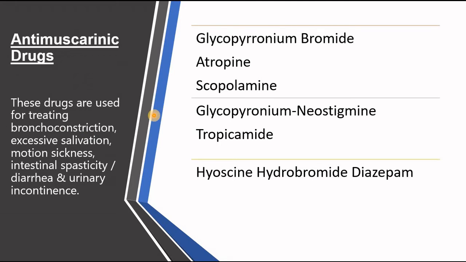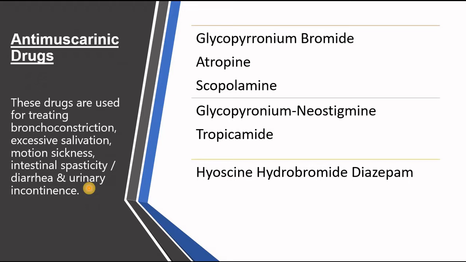In this condition we take the antimuscarinic drug. Moreover, in conditions such as excessive salivation, when saliva comes in more quantity in our mouth, at that time also we use these drugs. Moreover in motion sickness, intestinal spasticity, diarrhea and urinary incontinence, in these conditions also we use these drugs.